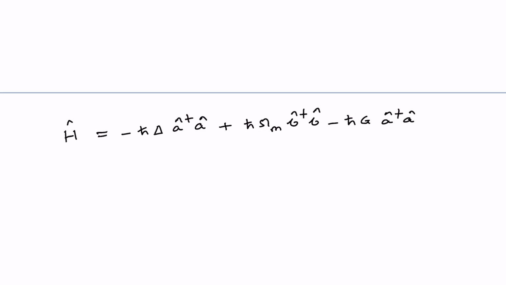So we have this Hamiltonian, H is equal to minus h bar delta, the detuning parameter, a dagger a, plus h bar capital omega m b dagger b, minus h bar Z a dagger a into b plus b dagger, and we have this laser drive term i h bar omega drive, a dagger minus a.